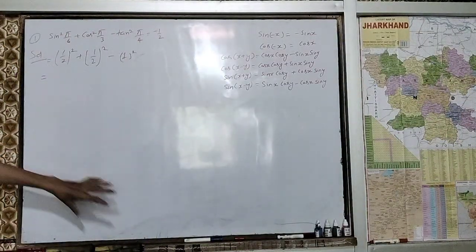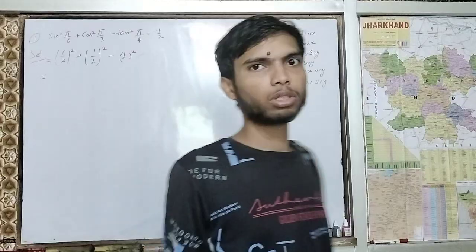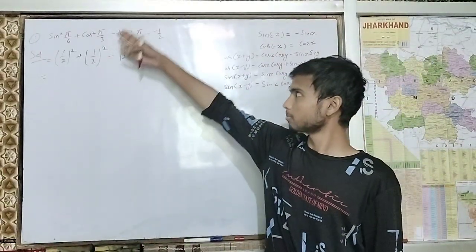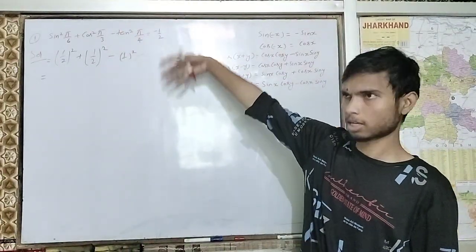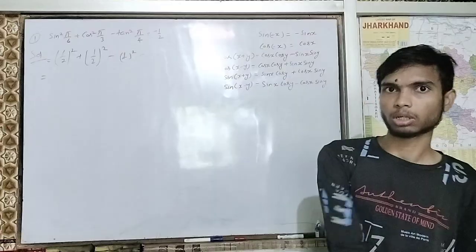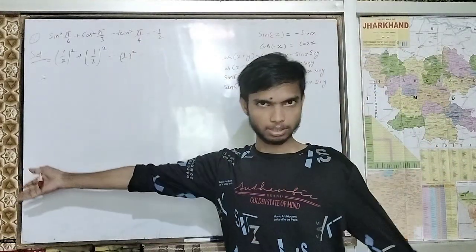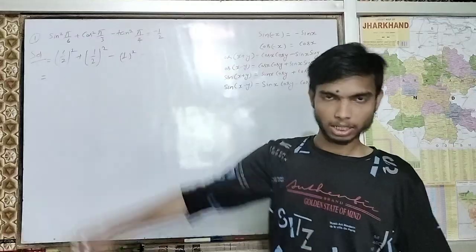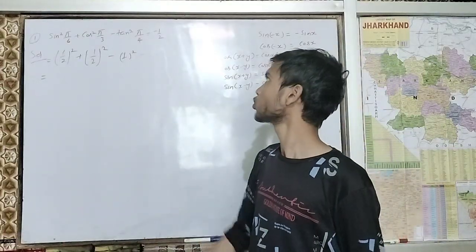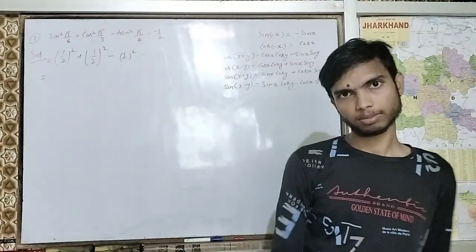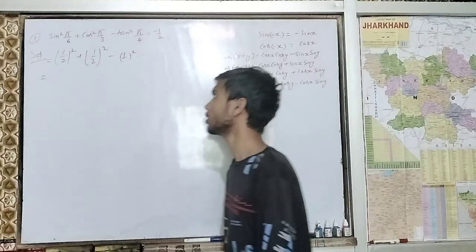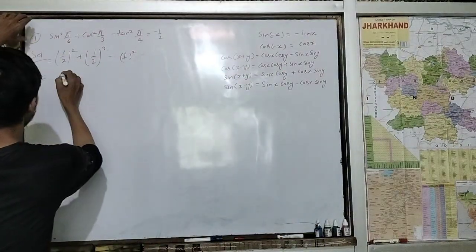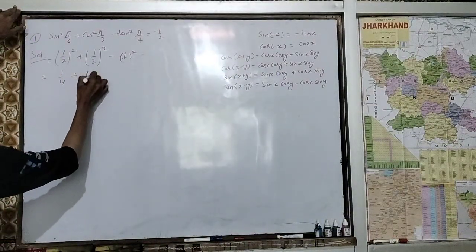Here, just to simplify this, we have substituted the values of sin pi upon 6, cos pi upon 3, tan pi upon 4. Let's remember pi upon 6 is 30, pi upon 3 is 60, pi upon 4 is just 45. So this will become 1 upon 4 plus this is also 1 upon 4.